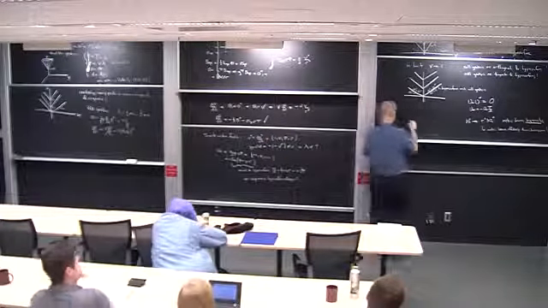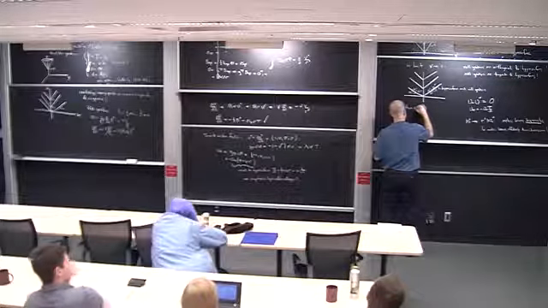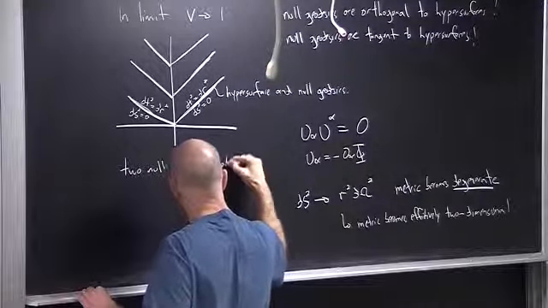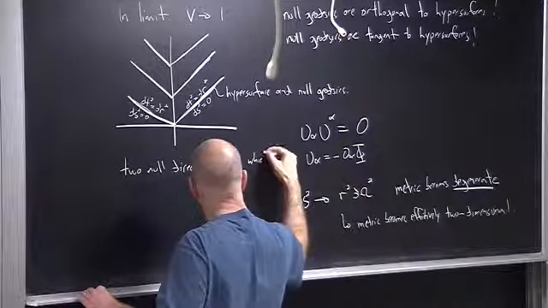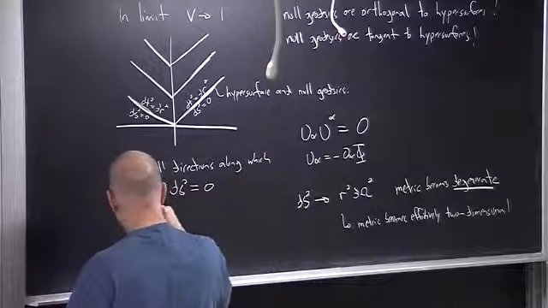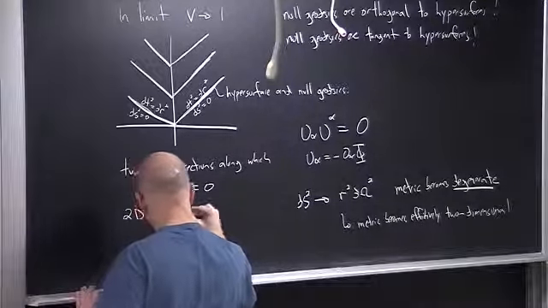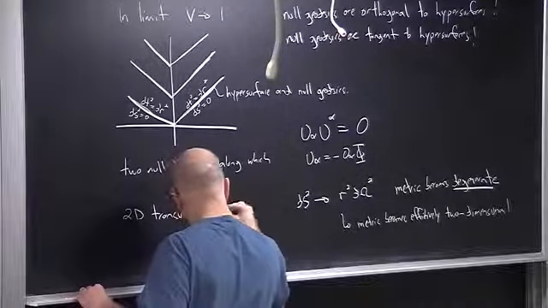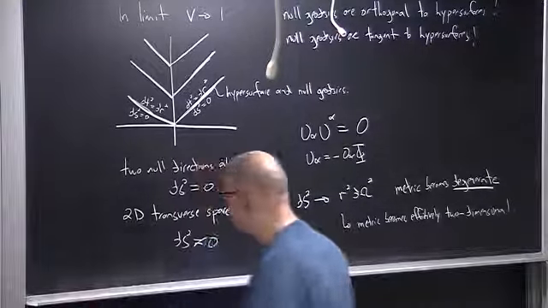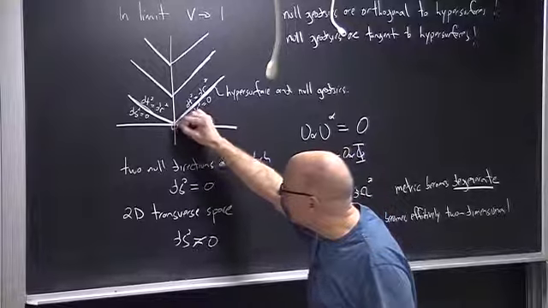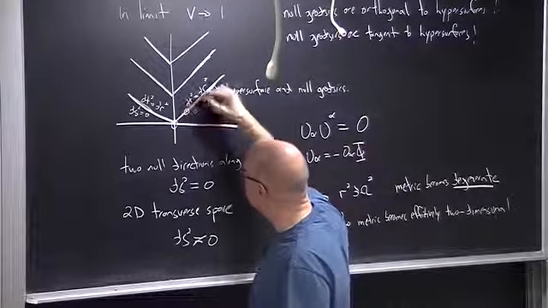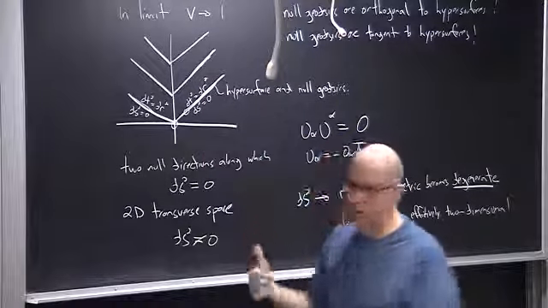So we have 2 null directions, along which ds squared is equal to 0. And we got a 2D transverse space where ds squared is not 0. And on the diagram, I've suppressed those dimensions.